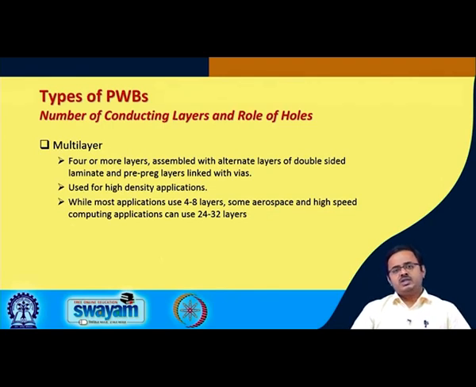While most applications use 4 to 8 layers, some high speed computing, aerospace or defense applications can have really dense and much more expensive circuit boards, which can use 24 to 32 layers. That is the level where we are today. Outside it looks like a few millimeter thick circuit board, but inside you have so many layers of wiring traces.